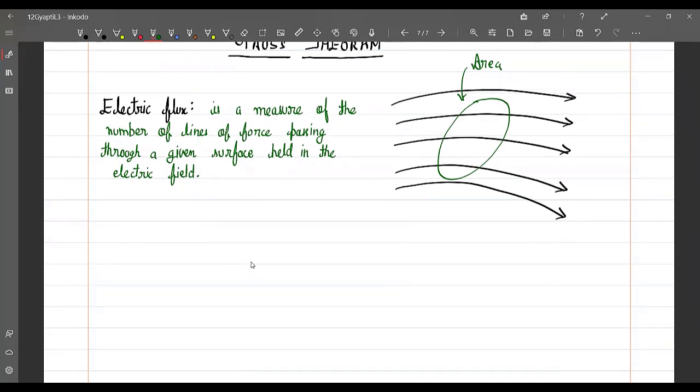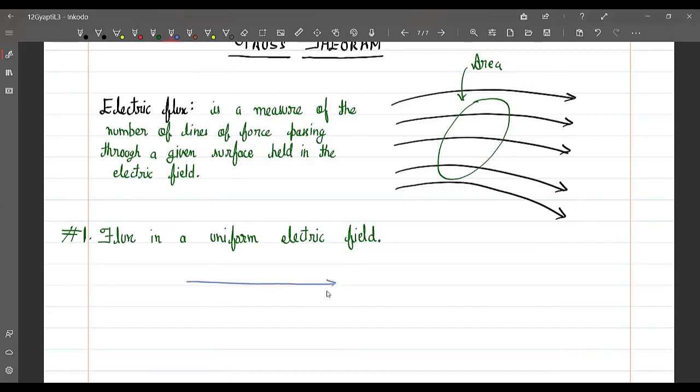And I'll first give a basic definition. For example, flux in a uniform electric field. Now, a uniform electric field does not vary. It's easier to calculate flux in these situations. And draw the field lines as horizontal.